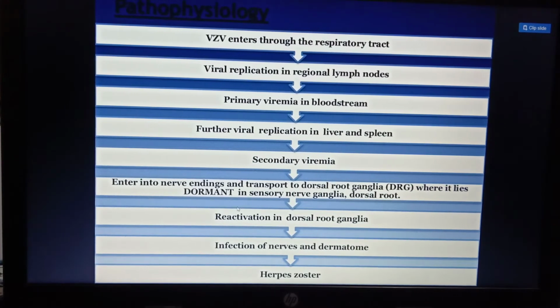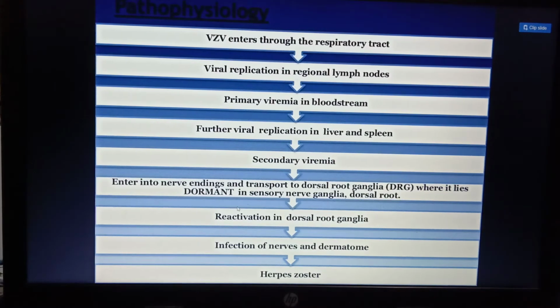Then the virus multiplies in our lymph nodes and bloodstream, and from the lymph nodes and bloodstream it is transmitted to our liver and spleen. Clear? That is the primary transmission process.